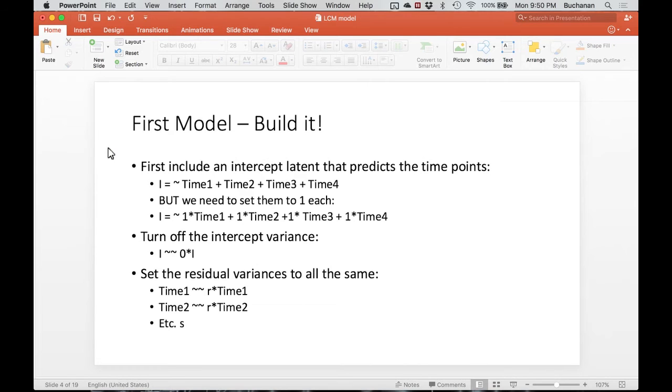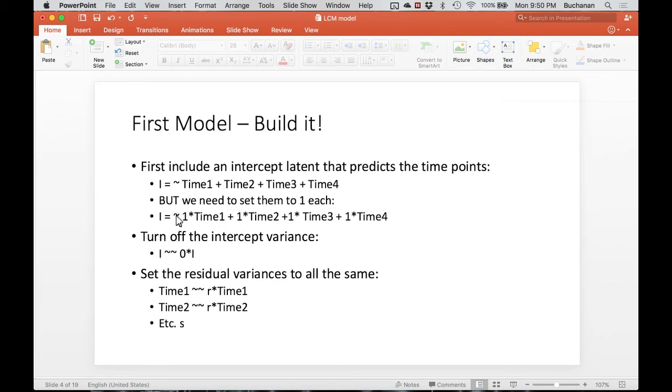So let's build that first model. We're going to include an intercept latent that predicts its time points. So we've got I equals, and you can call this intercept if you want or whatever you wanted, is equal to time 1, time 2, time 3, time 4. But remember that if you think about the pictures that we had in the lecture component, we talked about how you have to set them all to 1. So we're actually not going to do this first line, we're going to do the second line.